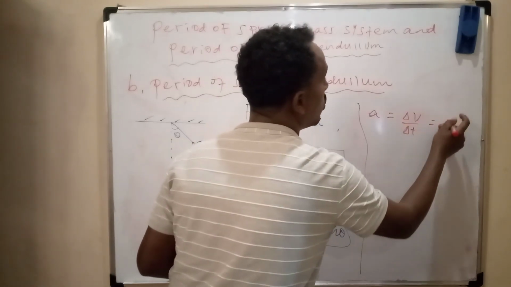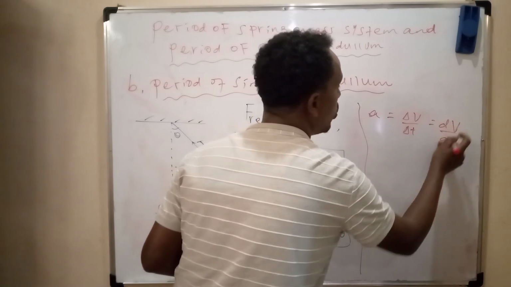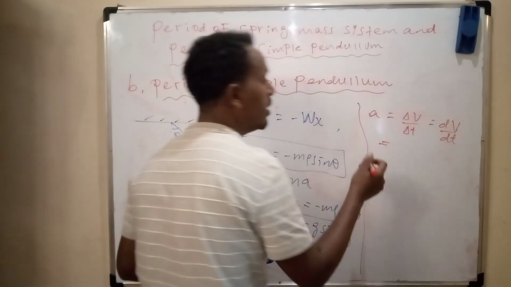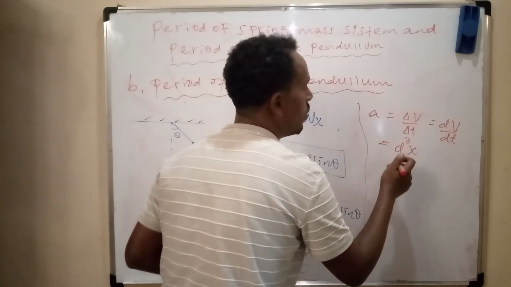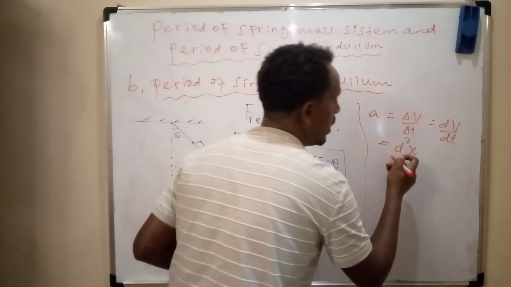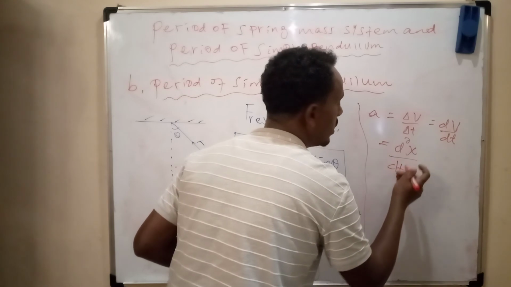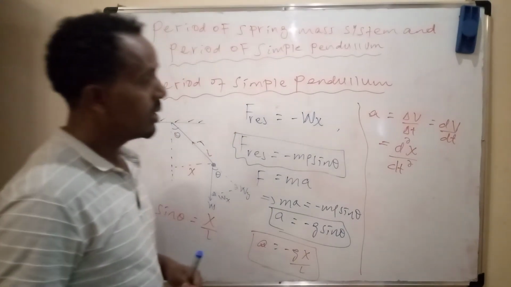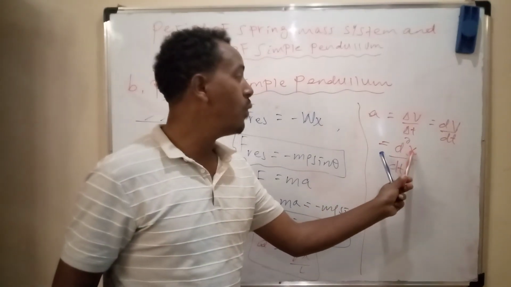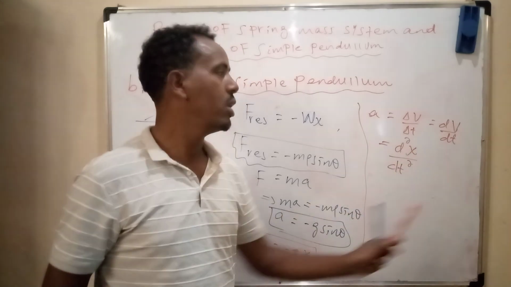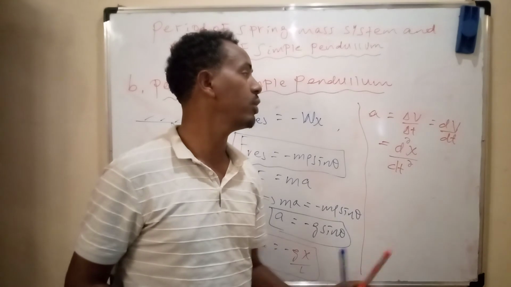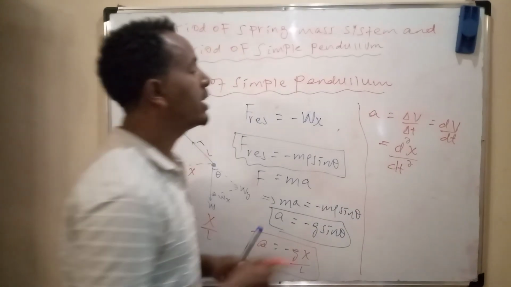This is equal to d of velocity with respect to time, which is equal to d squared of displacement with respect to dt squared. The double derivative of displacement with respect to time is equal to acceleration, or the derivative of velocity with respect to time is equal to acceleration.